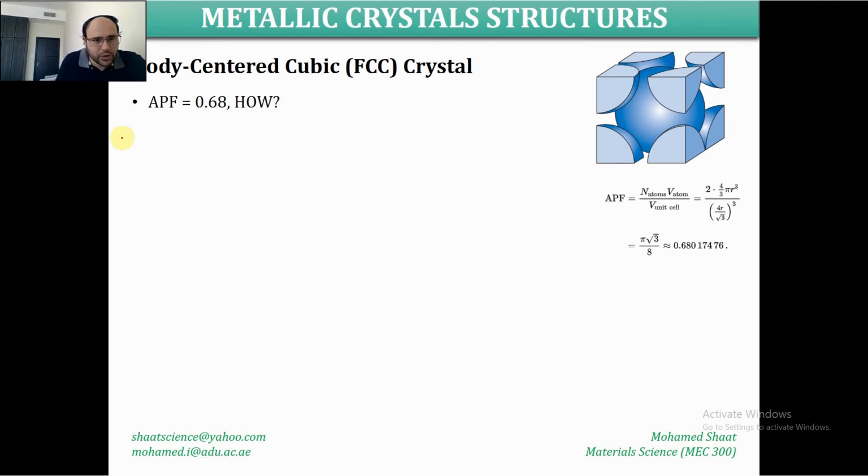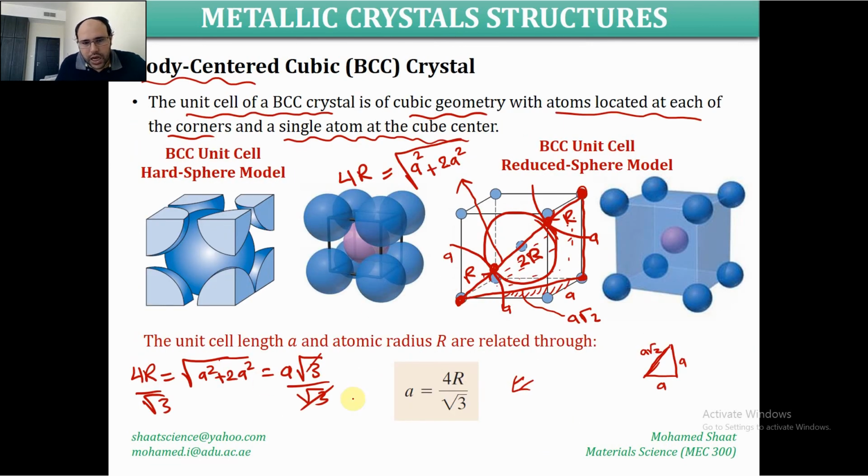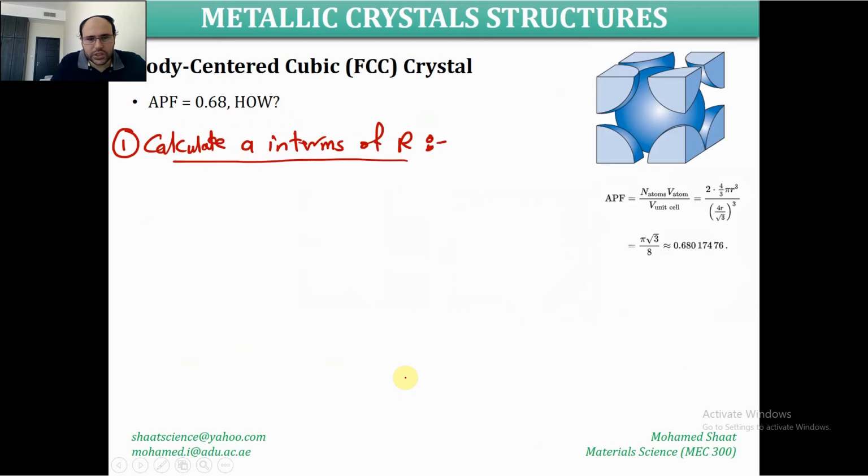So if you recall, your first step is just to calculate the A, which is the lattice parameter, in terms of R. We did these calculations and we ended up with this result. So I'm just going to repeat it very quickly. We said that you're just going to assume that you do have a cubic shape of this cubic BCC crystal structure, right?